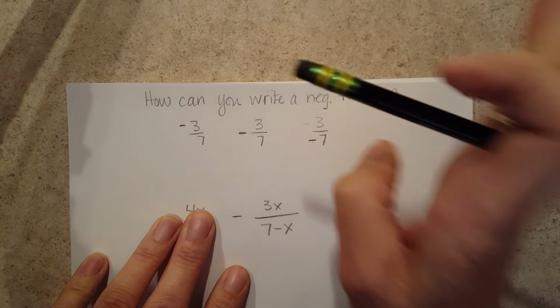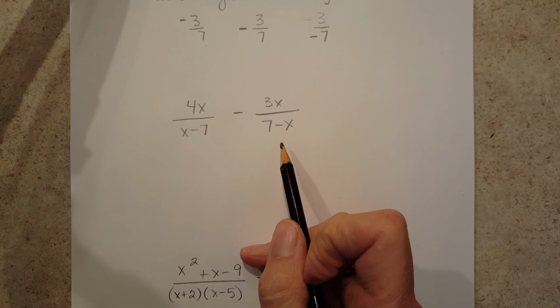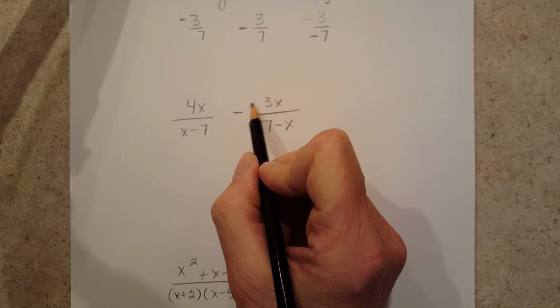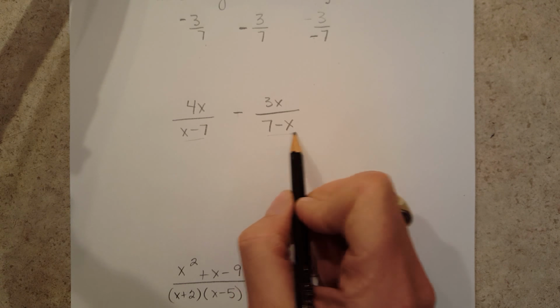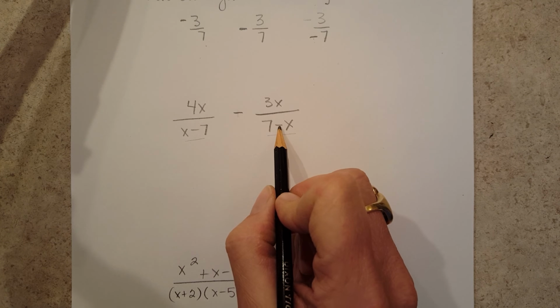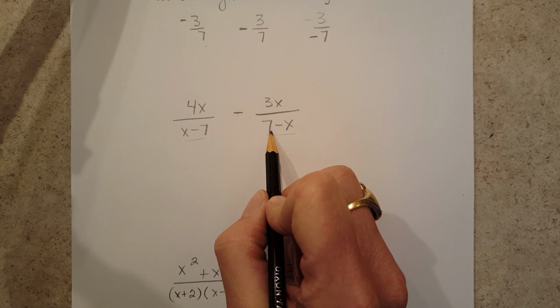But this will help you in doing problems like this one. Because if we add the opposite, we usually go add the opposite. But look at these denominators. Don't be tricked that these are the same, okay? This is a negative x, this is a positive x. This is a negative 7, it's a positive 7.